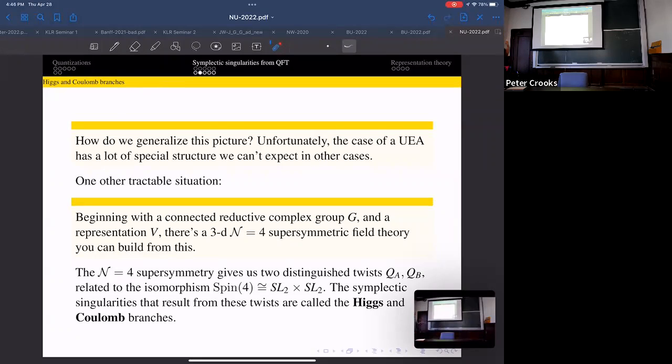I'll just mention, you will often see these defined as part of the moduli space of vacua. And what's happening here is the Higgs branch is the part of the moduli space of vacua that survives when you turn on the QB differential, and the Coulomb branch is the part of the moduli space of vacua that survives when you turn on the QA differential.